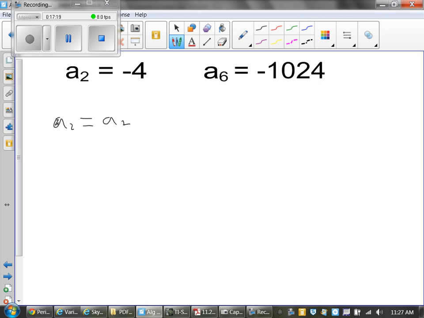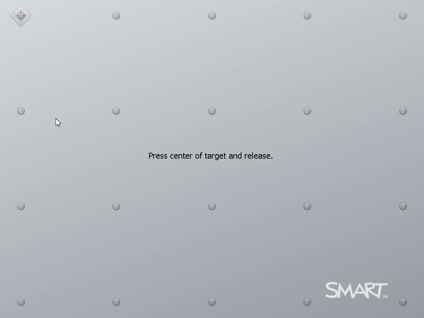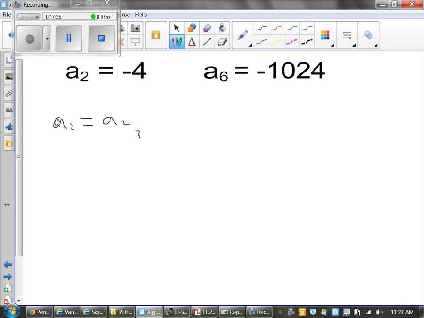The equation is a sub n equals negative 1 times 4 to the n minus 1. Did you get that? Got it.